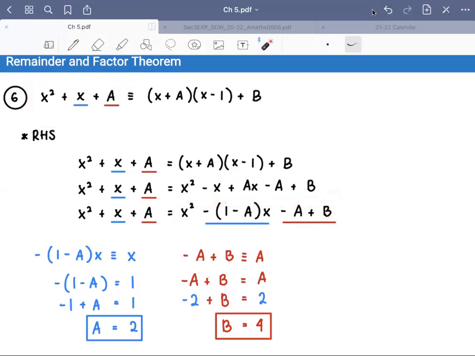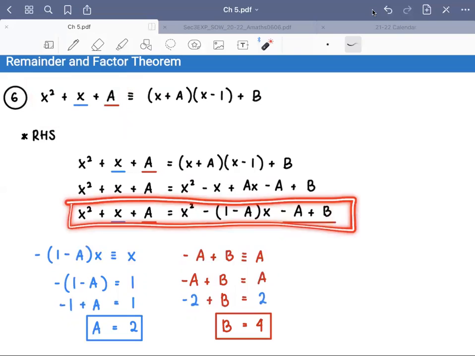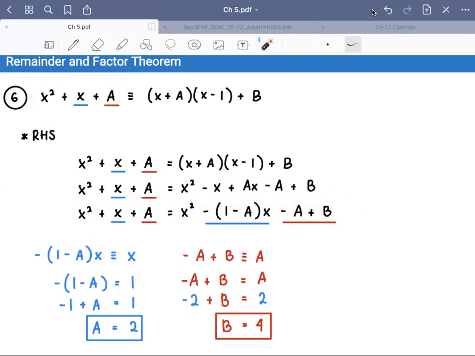Okay, but you can also write it this way. If it will help you, you can write it like this. So you'll see it clearly, like x is equal to this, so therefore their coefficients are also equal. So same with this and this, right?